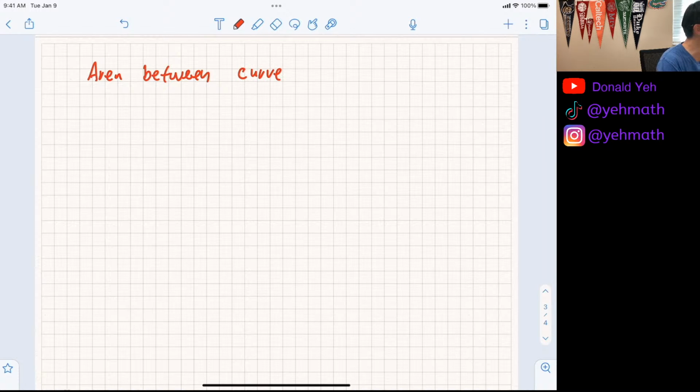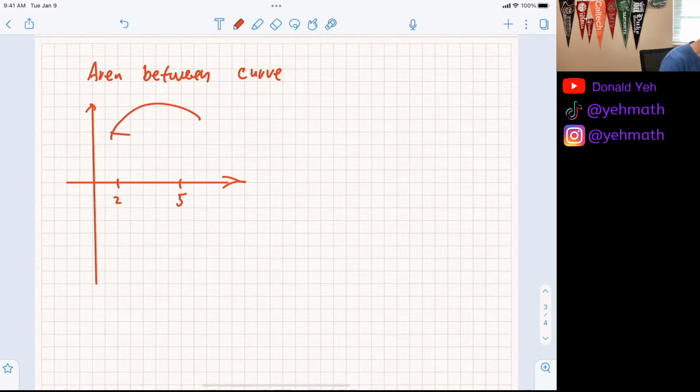How do I find the area between the curves? Let's say I have two functions, and this is 2, this is 5. The thing is, you have to find the intersection first.